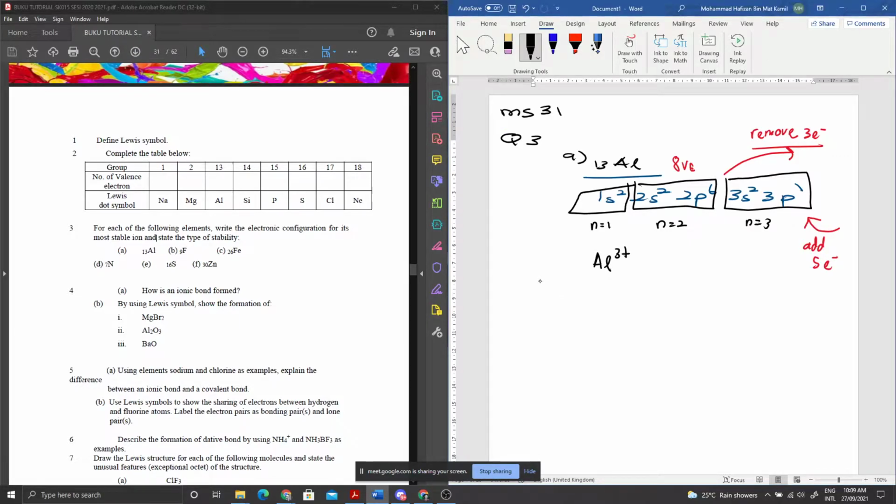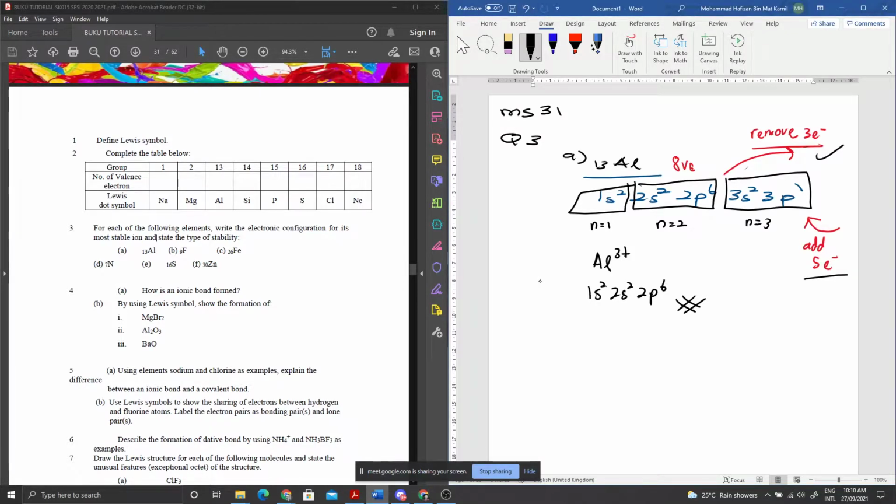Sebabnya it's easier nak buang 3 elektron yang dekat sini rather than nak ambil 5 elektron. So dia punya electronic configuration for the most stable ion is 1s2, 2s2, 2p6. So this is the most stable electronic configuration.